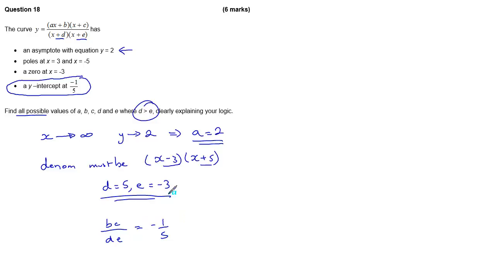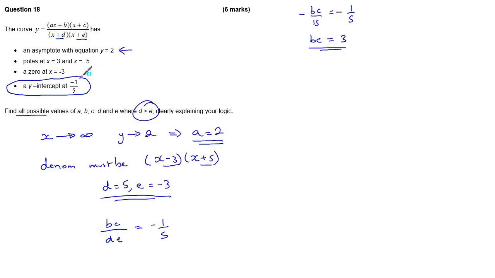Now we know that DE is negative 15. So we can say negative BC over 15 is negative 1/5, and it follows that B times C is equal to not 15, but 3. 15 divided by 5.